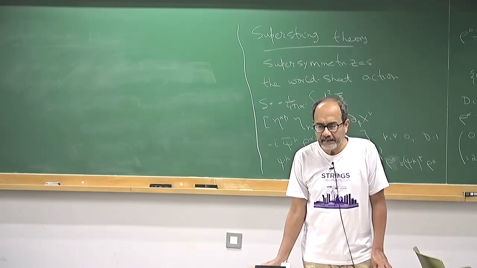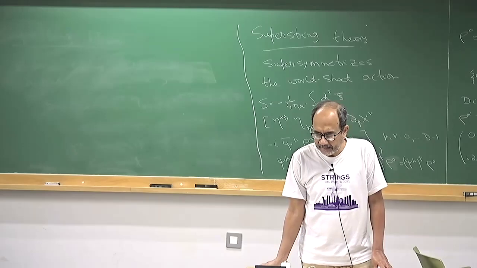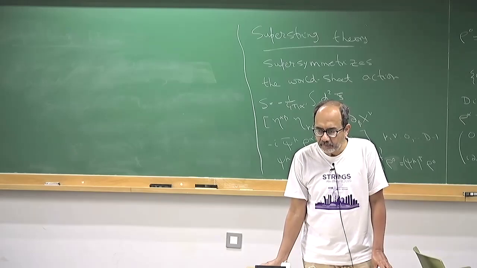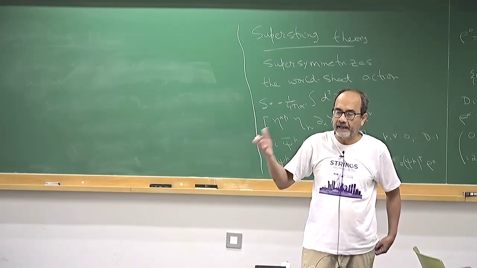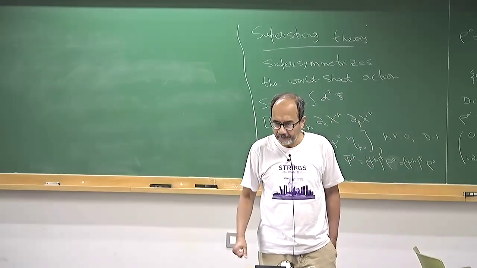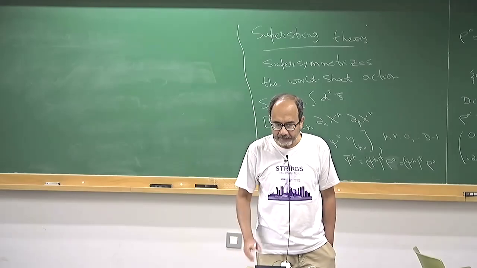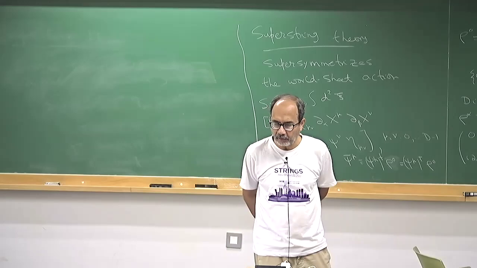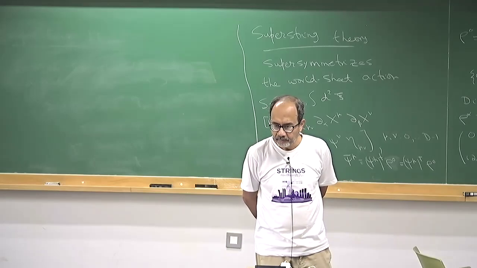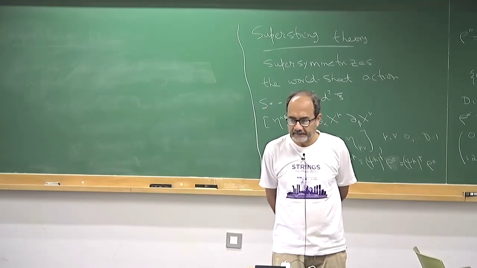Well, minimal is a somewhat tricky statement, because the minimal would be Majorana-Weyl. I could have just said psi minus equal to 0. That's not what we are doing. In heterotic string theory, we will do that. But in superstring theory, we need the Majorana condition, but not the Weyl condition. That's the definition of the worldsheet theory.